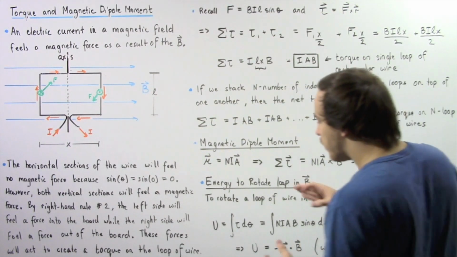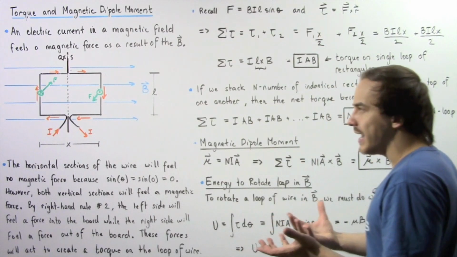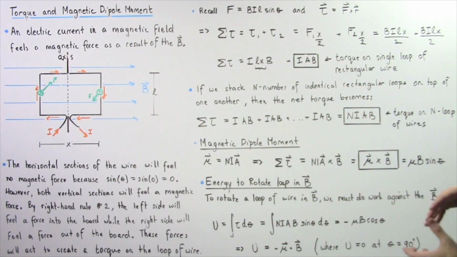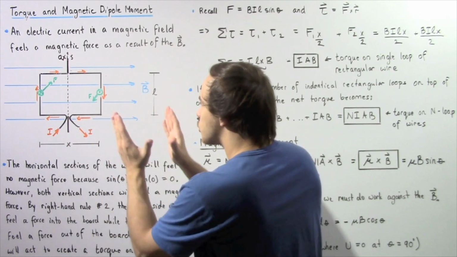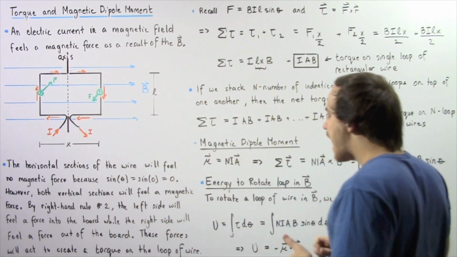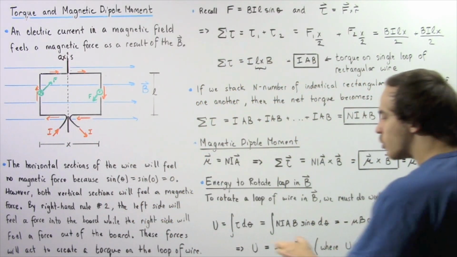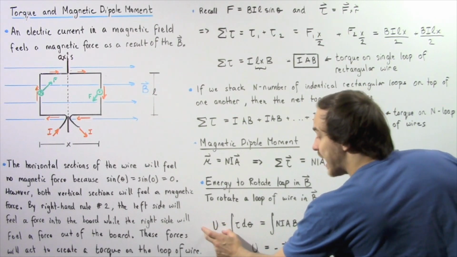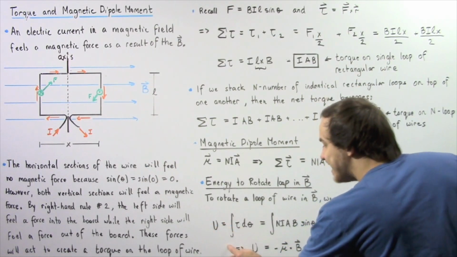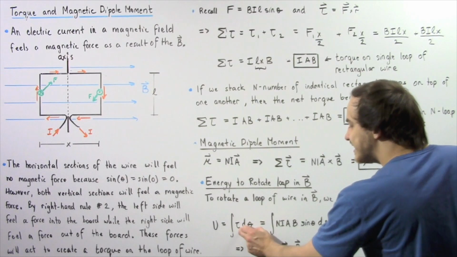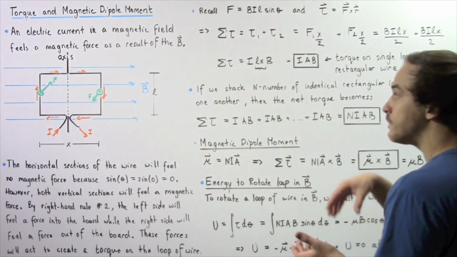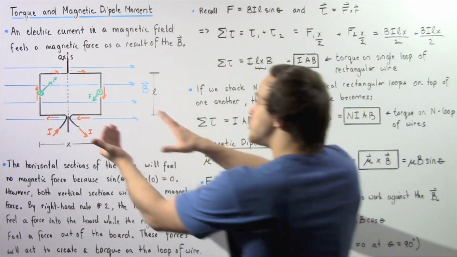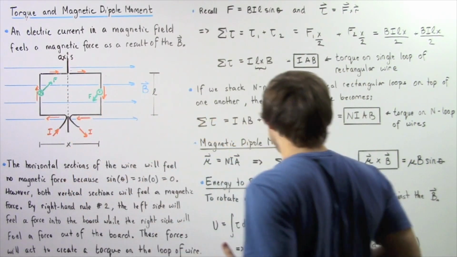Now let's begin by calculating the equation for our potential energy that is stored in our electric wire as a result of our magnetic field. So recall that the potential energy U is equal to the integral of the torque and our d theta, where d theta is simply our differential angle, our change in position of the angle.